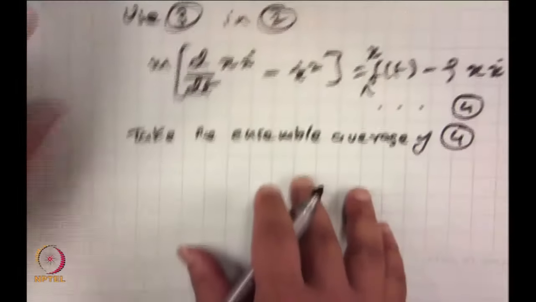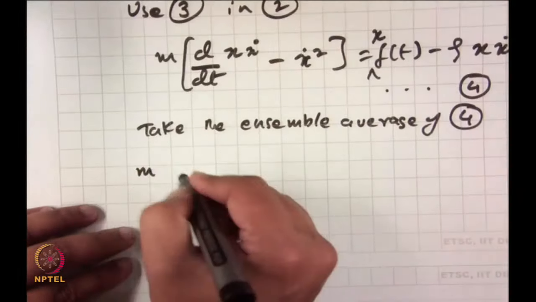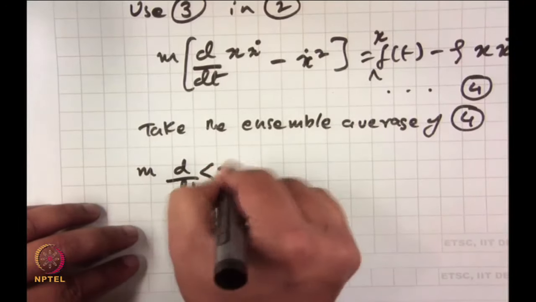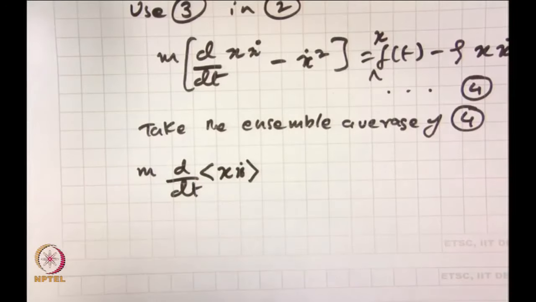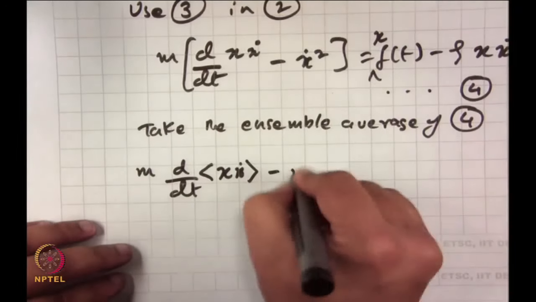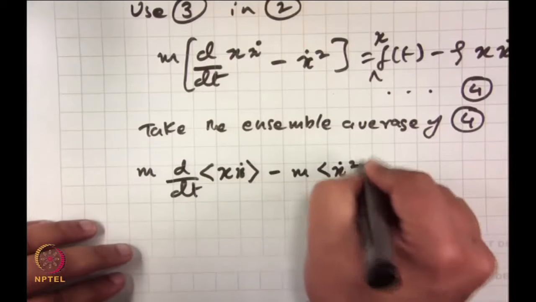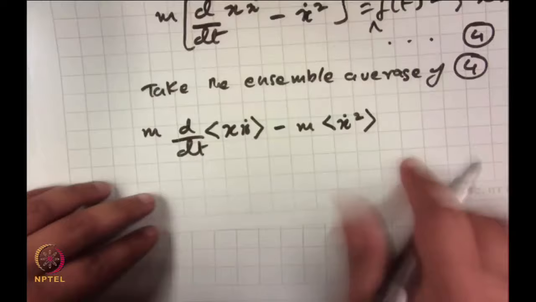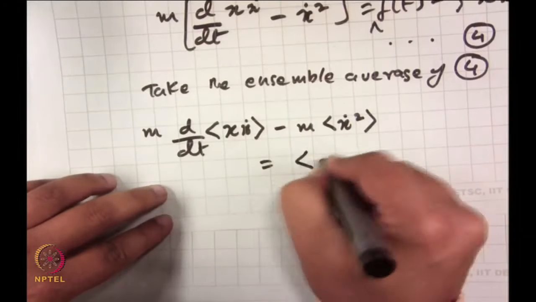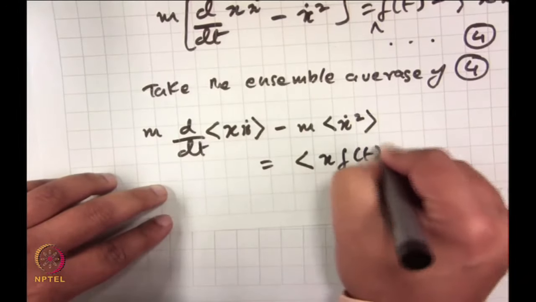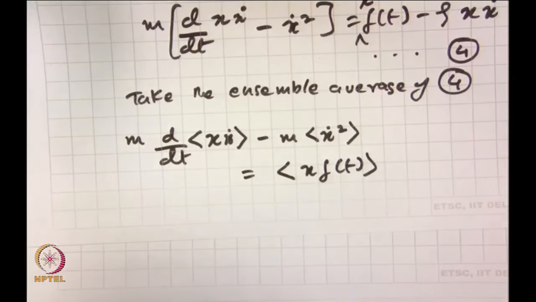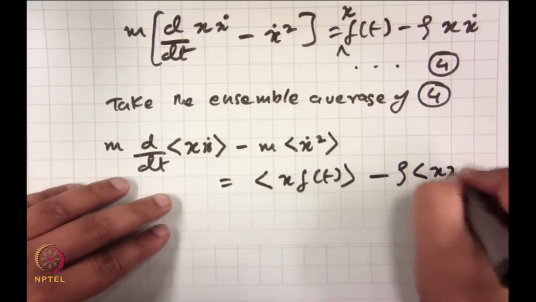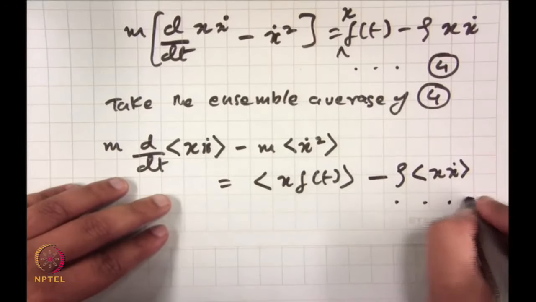So, this would then become m d of dt, the ensemble average of x x dot, minus m times the ensemble average of x dot squared, would be equal to the ensemble average of x f of t minus xi times the ensemble average of x x dot, and this is equation 5 for me.